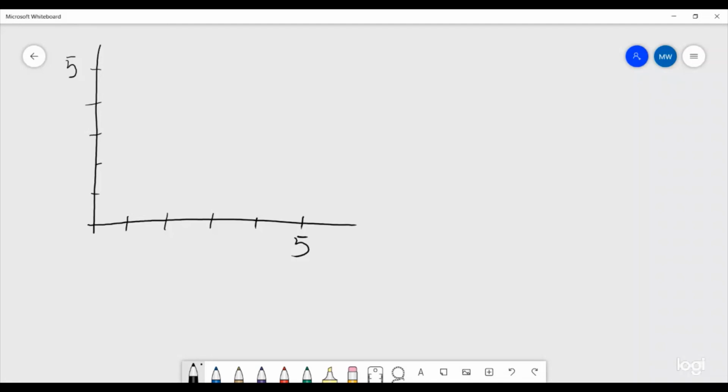And then let's say that this top is going to be, oops, that needs a bit more curve to it.